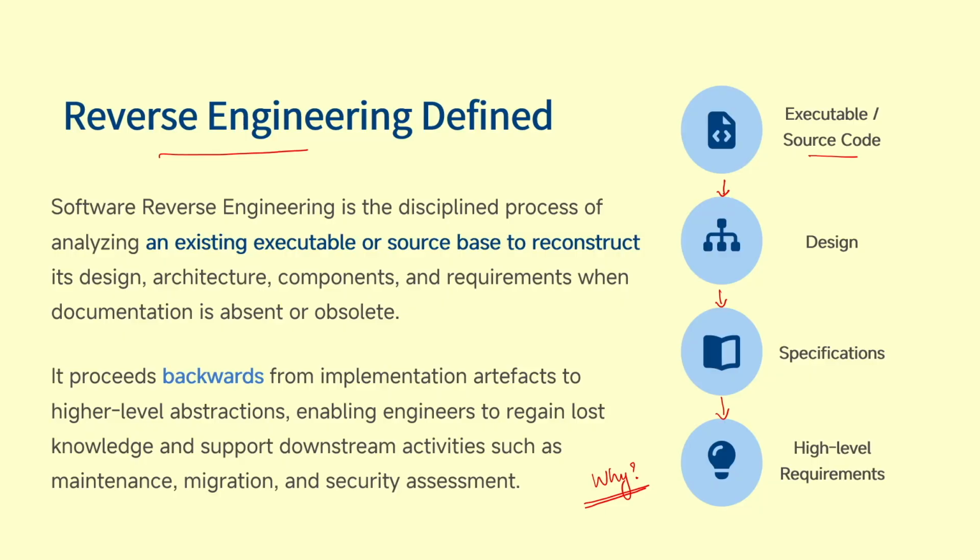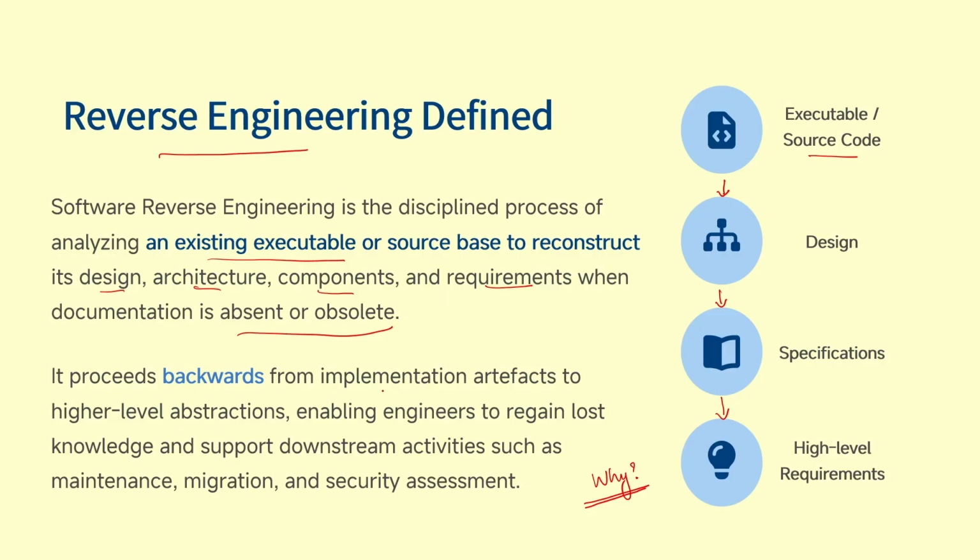So this is a disciplined process of analyzing an existing executable code in order to reconstruct things. From the executable code we identify the design, architecture and components, and the requirements, just because they are absent or obsolete. So it proceeds backwards.